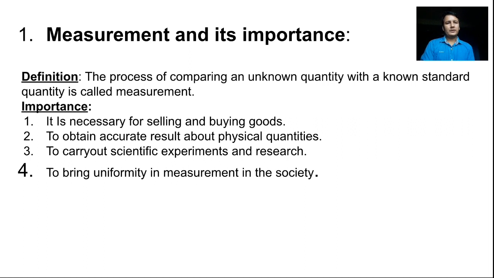If we take things without measuring, either we can get a lesser amount or we can get more. But with measurement, we can get an accurate amount of physical quantities. Number three, to carry out scientific experiments and research. Measurement is essential to carry out different experiments, research works, etc. Number four, to bring uniformity in measurement in society.